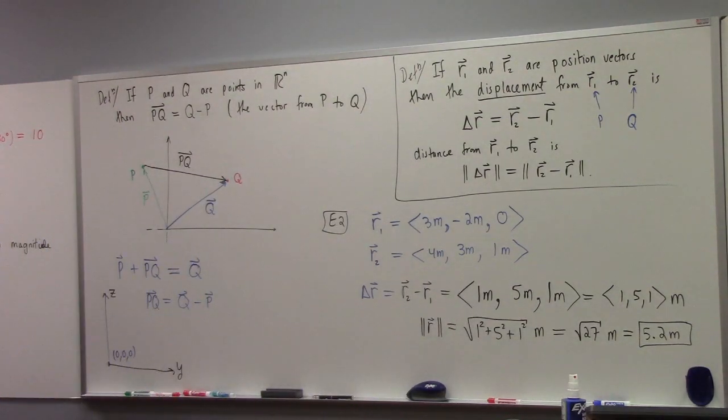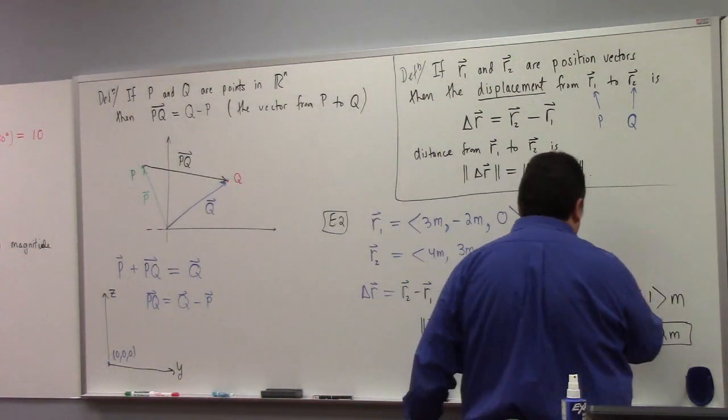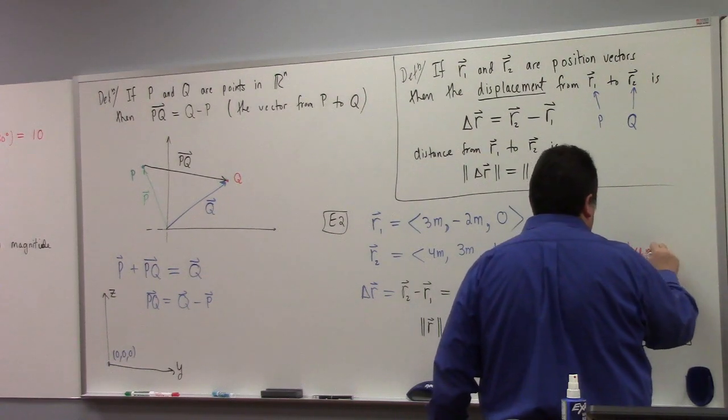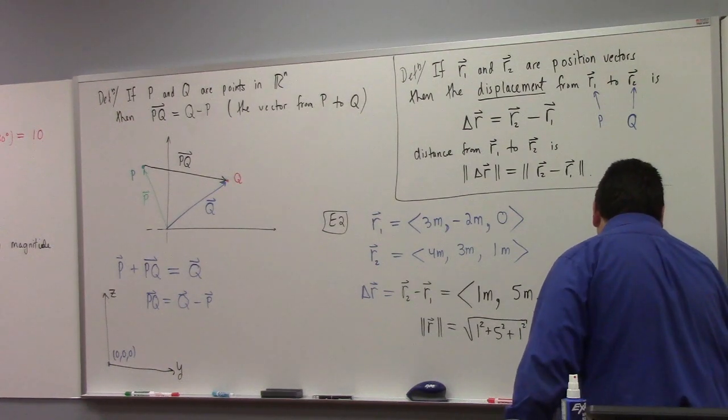Any questions? Yeah. What's the difference between what we have up there with the distance from R1 to R2 and what we just did? This is the displacement. This is the distance. Displacement is a vector.